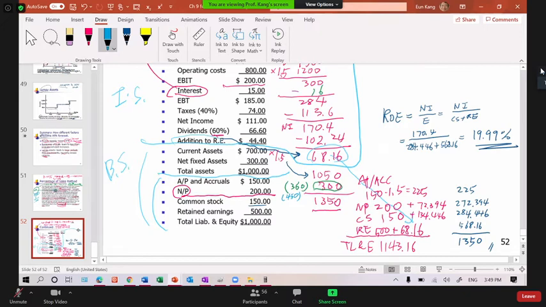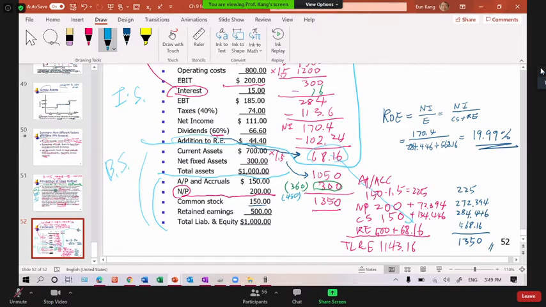Income statement doesn't change, but on the balance sheet, net fixed asset changes, then total asset will change, and then AFN will change, but that's easy. That adjusting after that is easy.